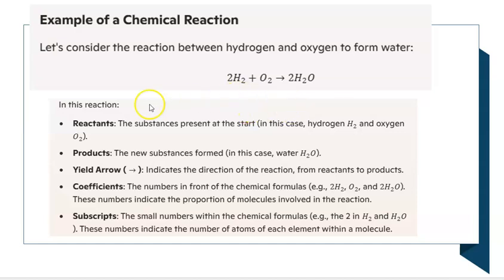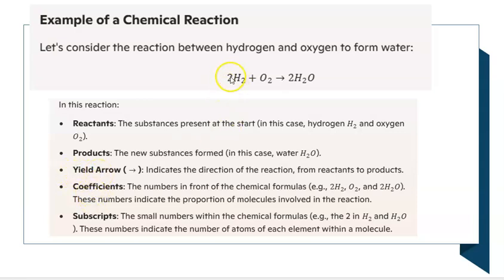The reactants are hydrogen and oxygen, and the product, in this case, is water. We produce 2 water molecules. As I told you, this arrow means yield.